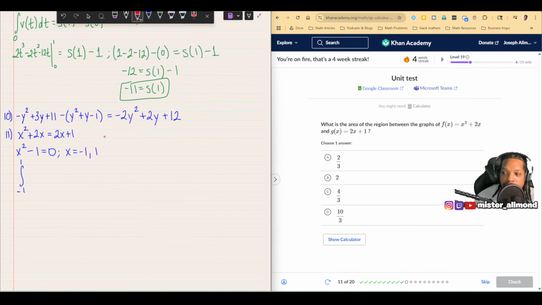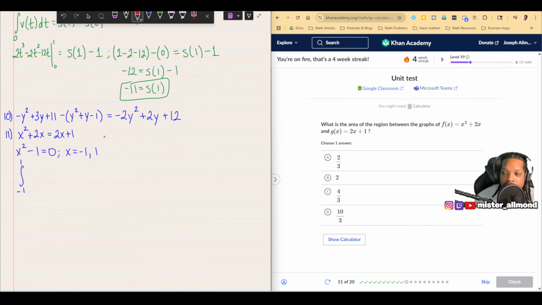All right, so let's see. When I plug in my 1, I get -1 over 3 plus 1, minus, and then I got a -1, because -1 cubed is -1, but negative that is going to be a positive 1 third, plus -1, so I guess minus 3 over 3.